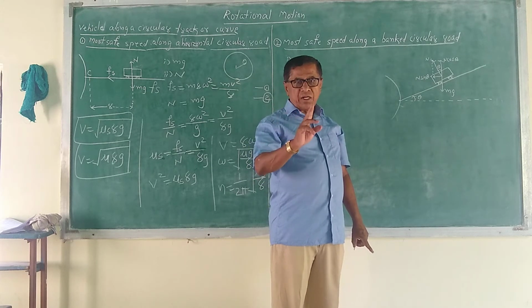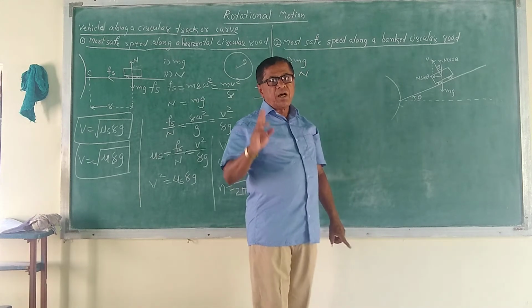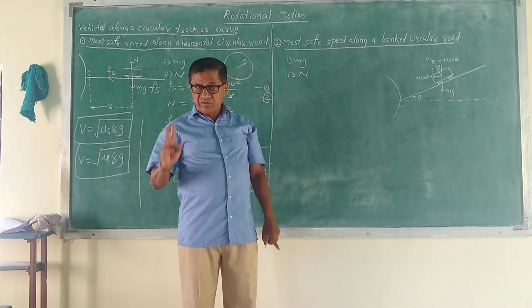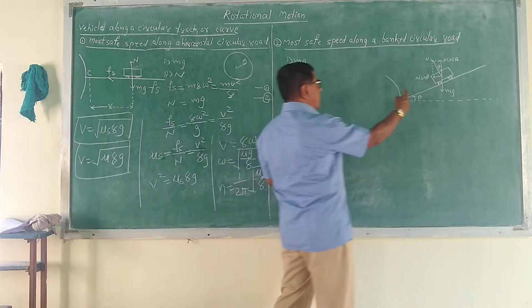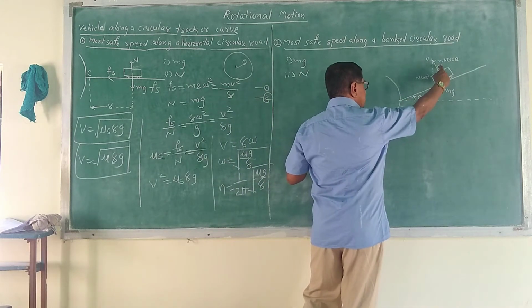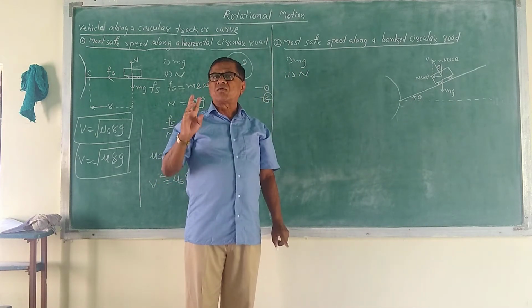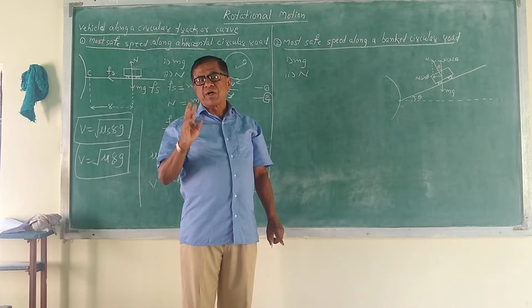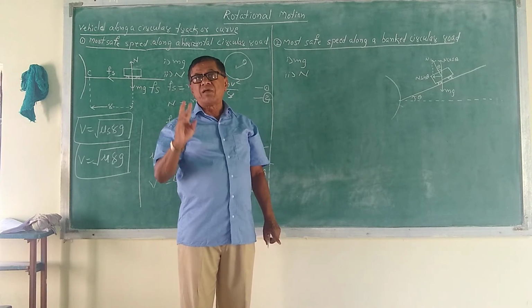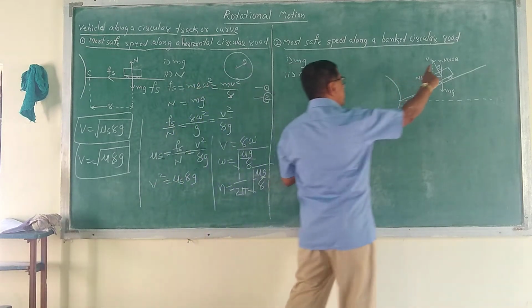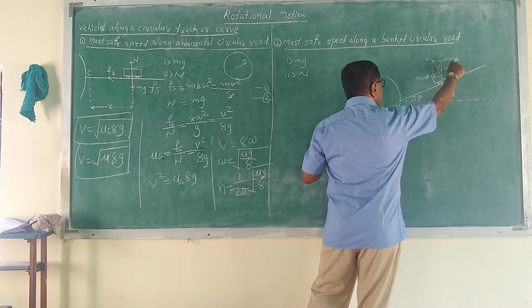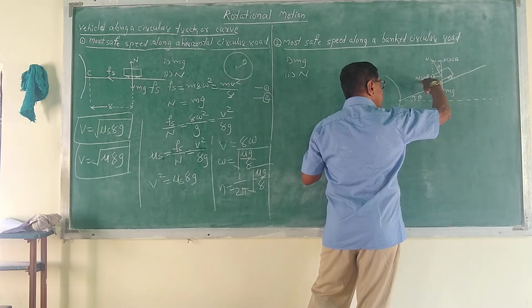Now the normal reaction N has two components. This is the angle of banking, again theta. The component near the angle is cos, the component in front of this angle is sine. Therefore, this component is N cos theta and this component is N sine theta.